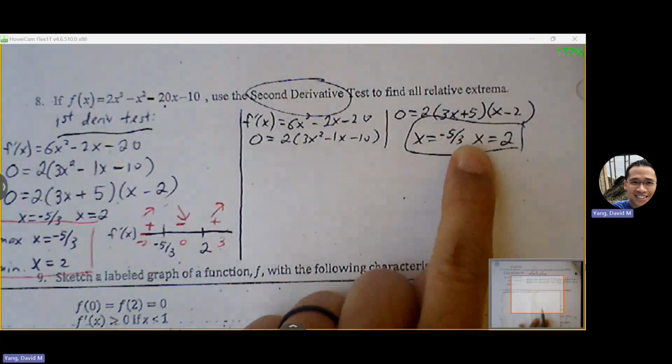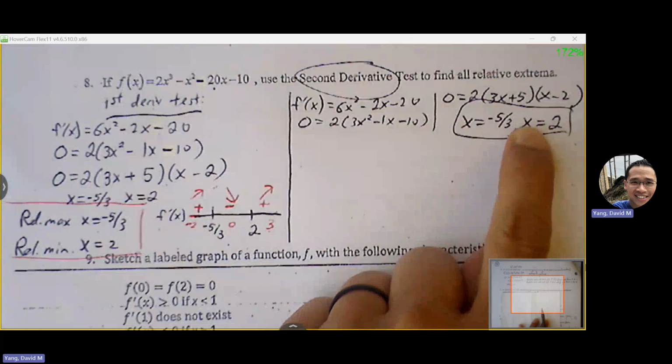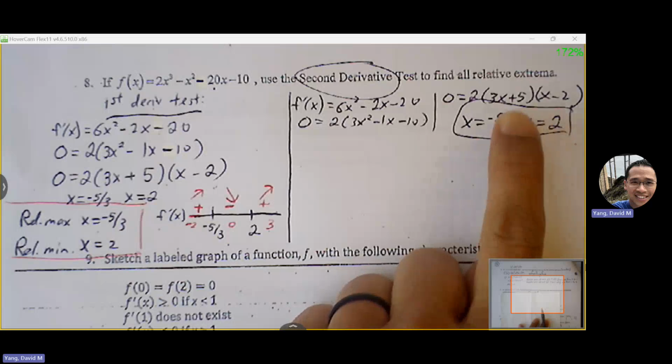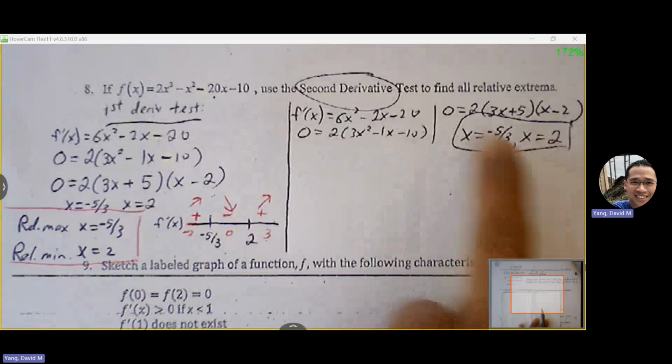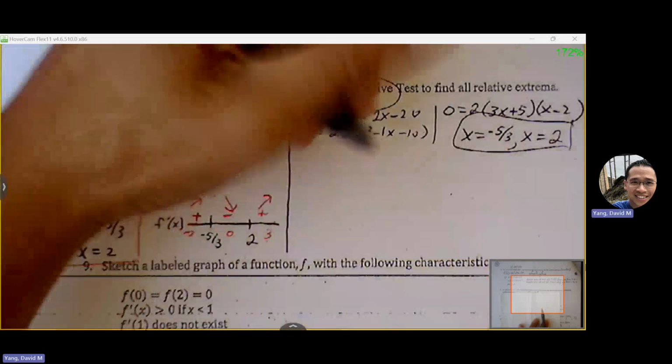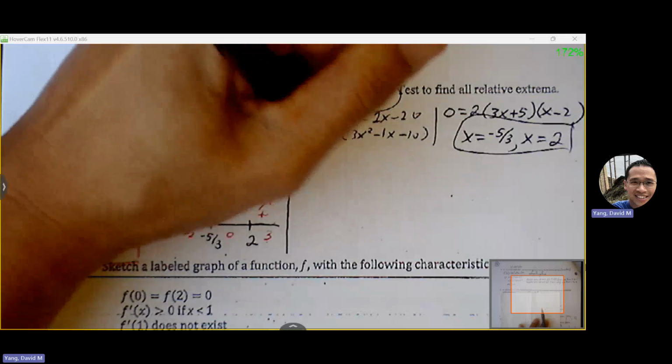Right now we don't know whether these are relative max or relative min. We're doing this without the sign line. So the way we test these now is we're going to use the second derivative function. So let's find f double prime of x.